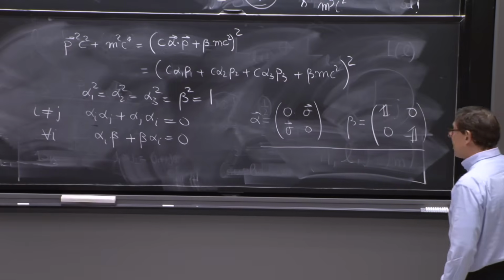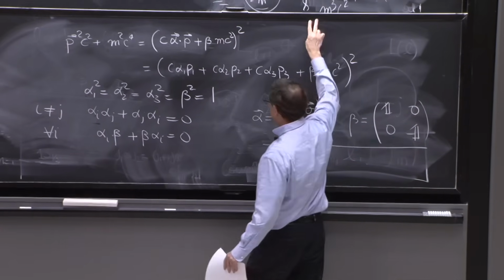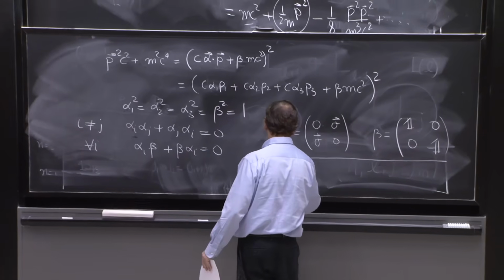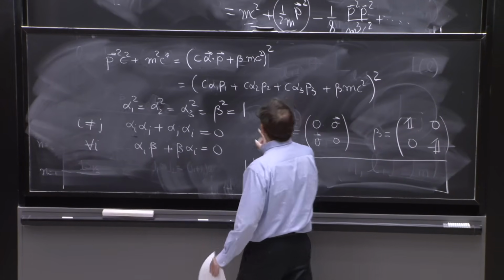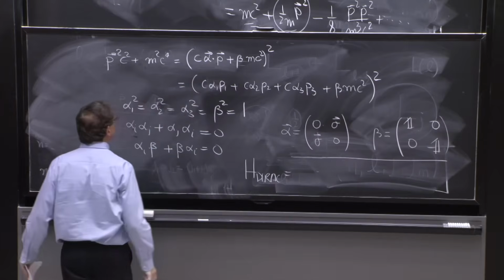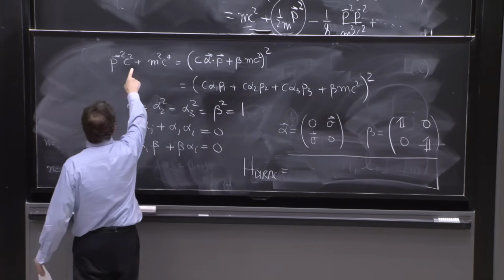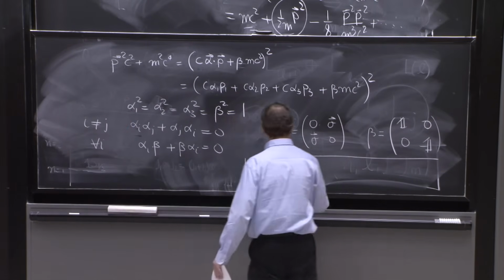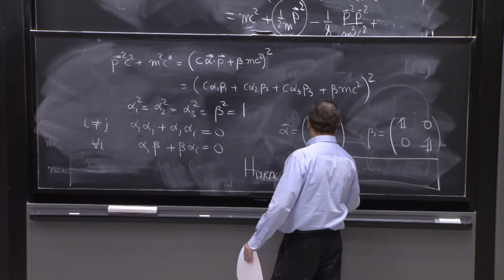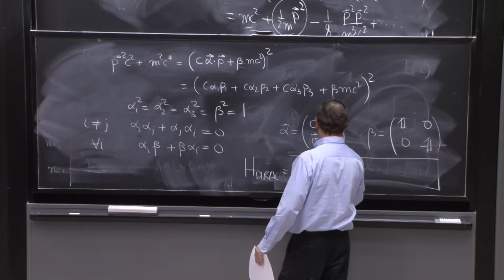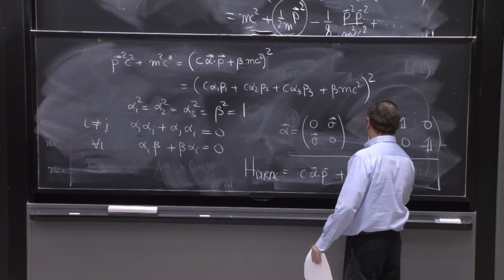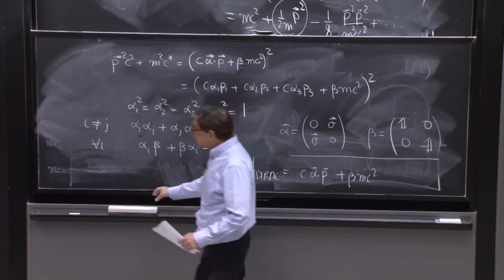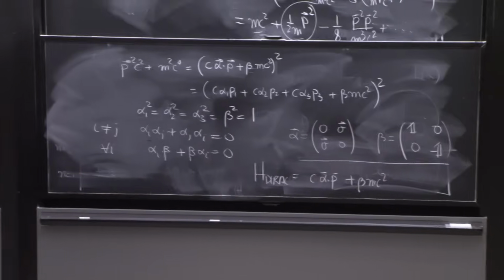So the Dirac Hamiltonian, H Dirac, is equal to the energy, and the energy was the square root of this, so it's just this thing. So it's c alpha dot p plus beta mc squared. That's our Dirac Hamiltonian.